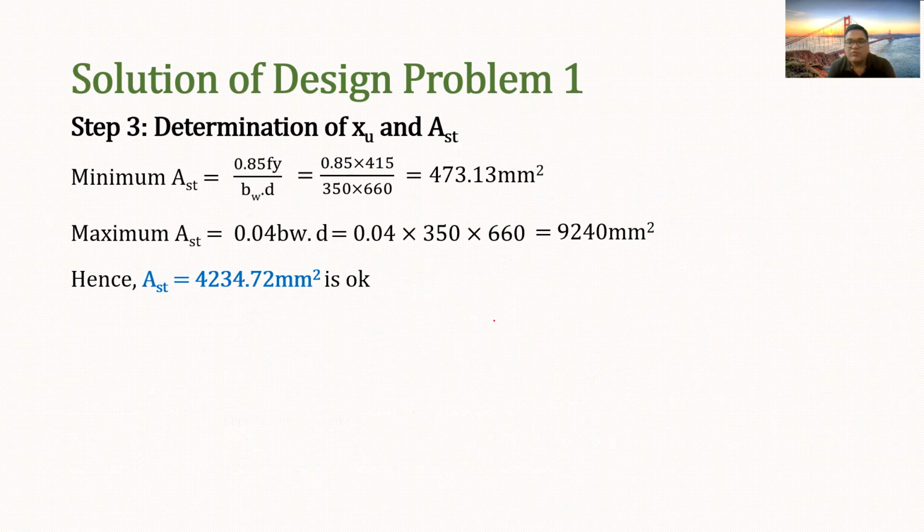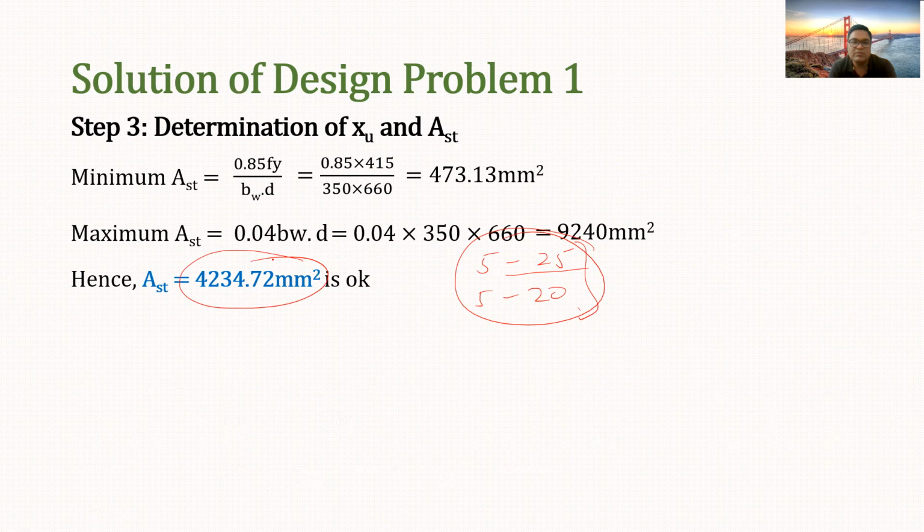It should not exceed this required value by much, from the economical point of view. Sometimes we can assume the dia of bar in combination, for example, 5 bars of 25 and 5 bars of 20. First we have to see whether the sum of these areas is around this value.